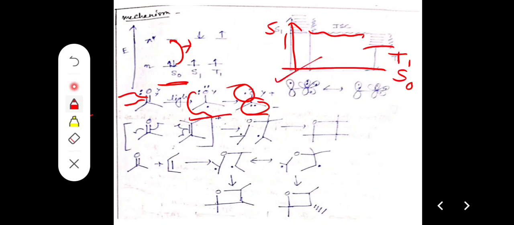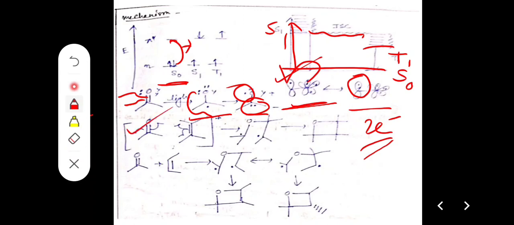With similar energy, if we draw this, one electron goes to this side, and now this orbital has two electrons. This is called excitation of the carbonyl. Now homolytic cleavage occurs on both sides, with oxygen attached to the less substituted carbon end.